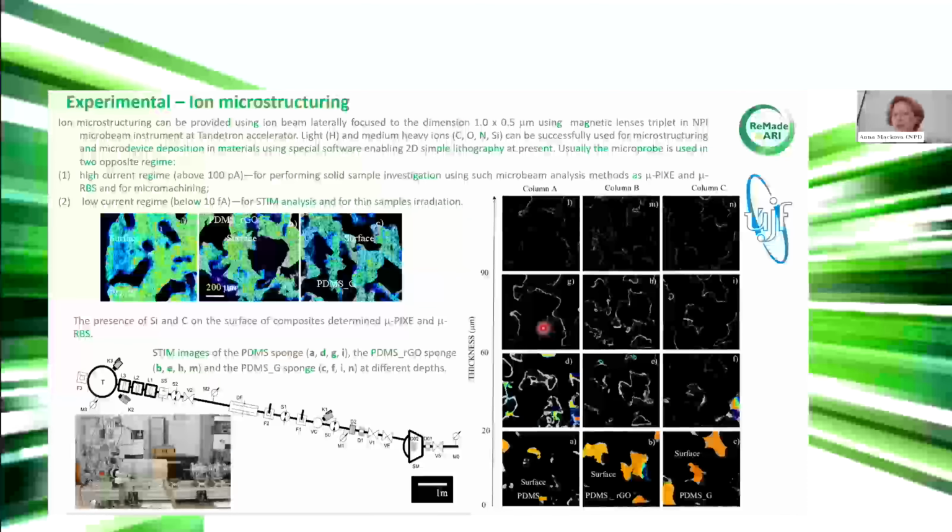So if we mix it with graphene, these pores, which were empty concerning the silicon, start to be filled by carbon. It means that graphene is filling the pores. So you have a really very versatile tool, which can not only deposit, but also analyze your sample and the structures which you have created.